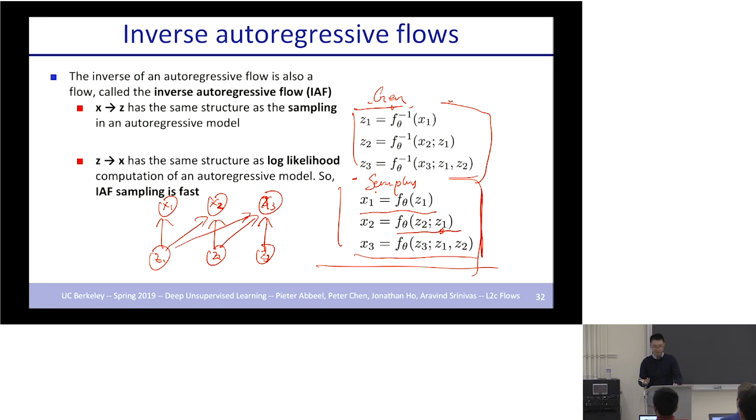So basically now you have sort of inverted the structure of an autoregressive flow. Now what you have is a thing that samples in parallel, but inference becomes slow because all the invertible functions are now parameterized by random variables that are in the noise space. So now you need to recover each of the noise variables when you do inference.